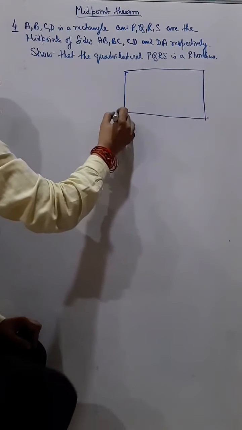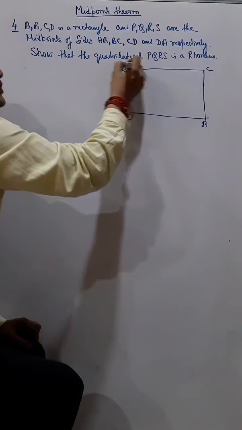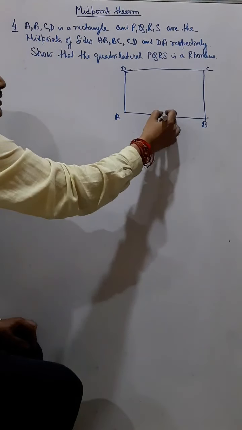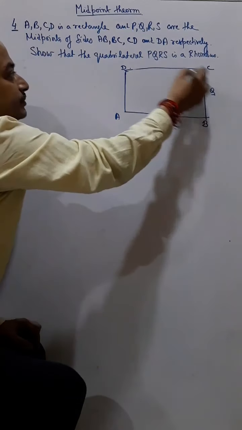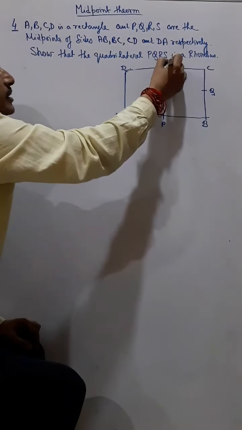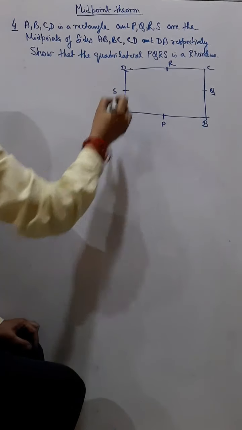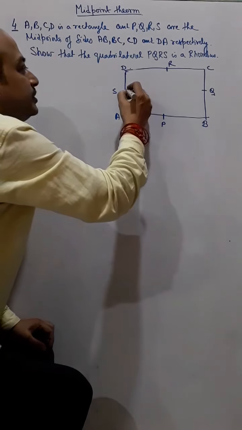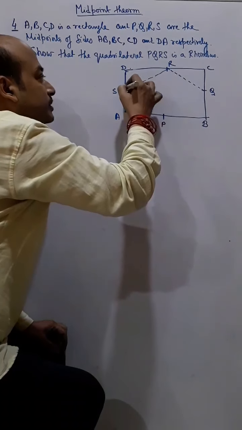So ABCD is a rectangle, and P is the midpoint of AB, Q is the midpoint of BC, R is the midpoint of CD, and S is the midpoint of AD respectively, and you have to prove that PQRS is a rhombus.